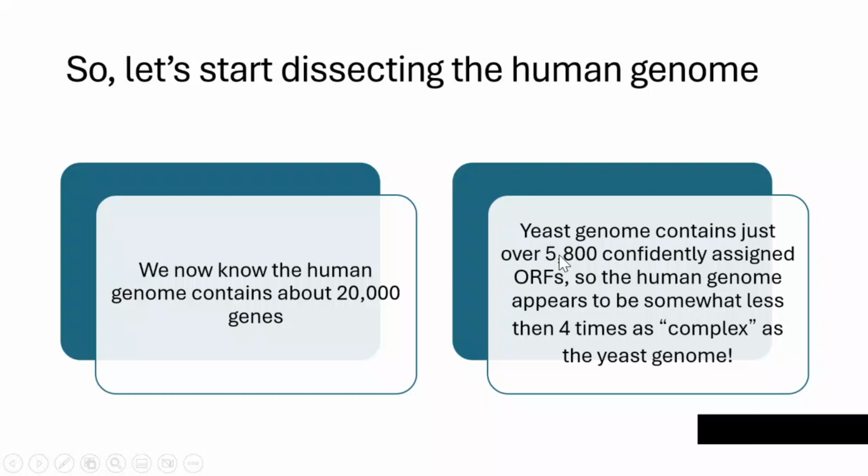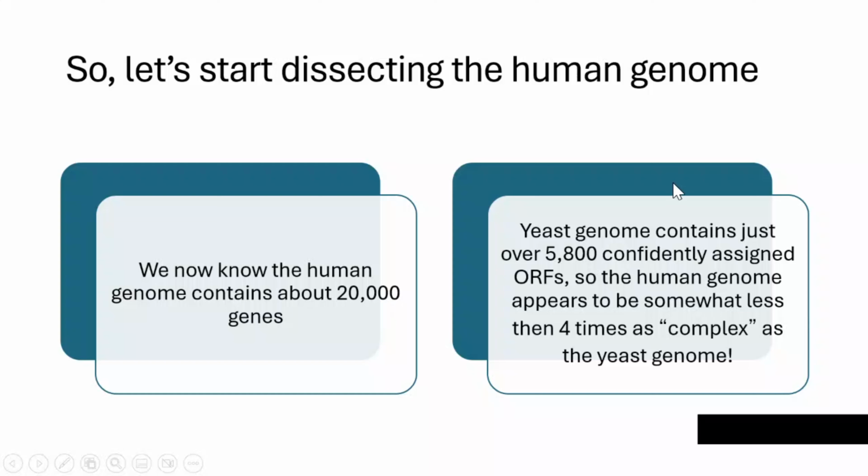Because the yeast has about 6,000, let's say 5 something confidently assigned ORFs, it appears to be 4 times more complex than the human genome, because this one has about 20,000. Obviously, I didn't want to do the division here and say 3 point whatever. And so what happens here is that that's not true. It's not 4 times more complex. It just has about 4 times more genes, but in reality is much more complex because there's a lot of DNA sequence that we don't know what it does.